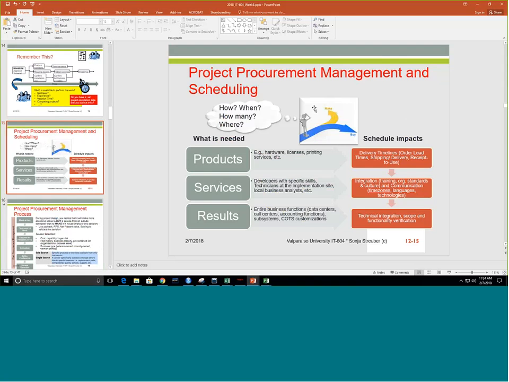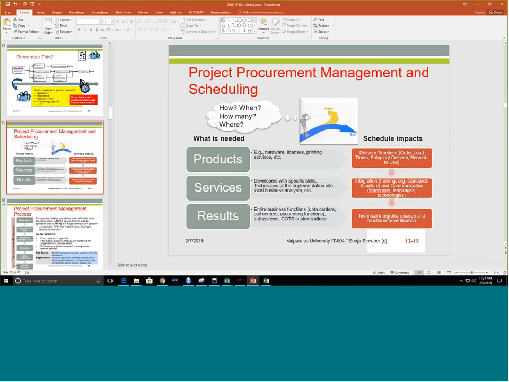Also, are there any services or any work that my organization does not have the capability for? If so, who can do this? Who can sell this kind of work to me? And at that point, we are at hiring developers with specific skills and so on.